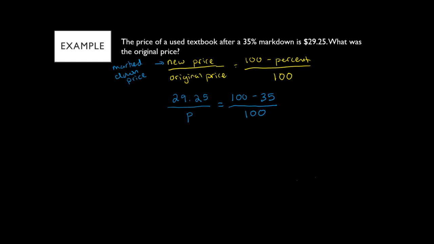So again, we're going to cross multiply, and if you want, you can do the 100 minus 35 before you cross multiply if you find that easier. So we can rewrite our formula as 29.25 over P equals 65 over 100.